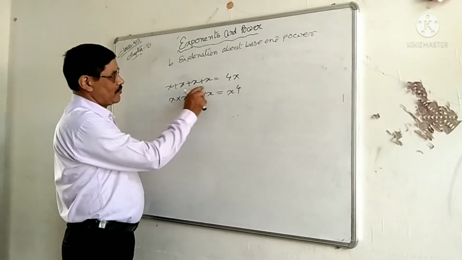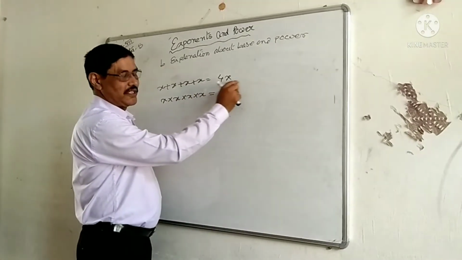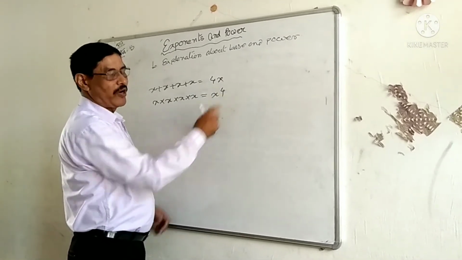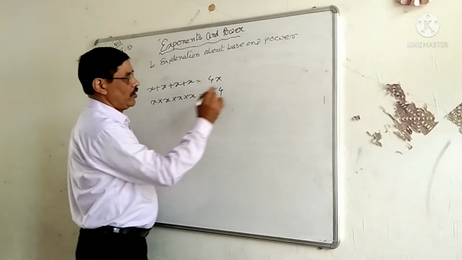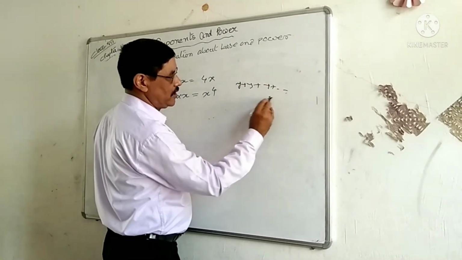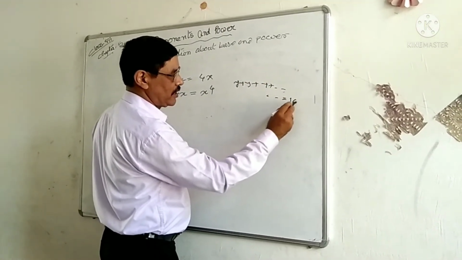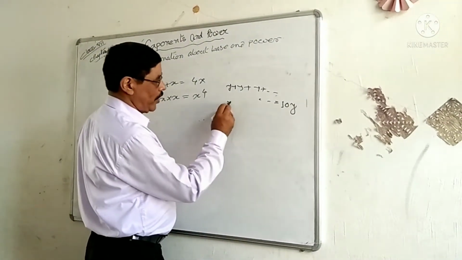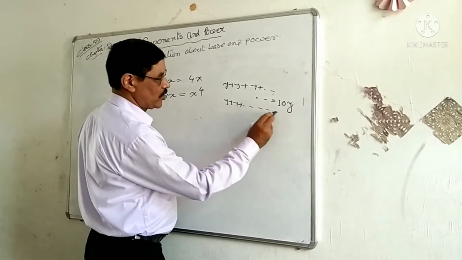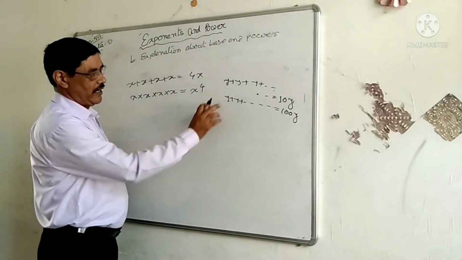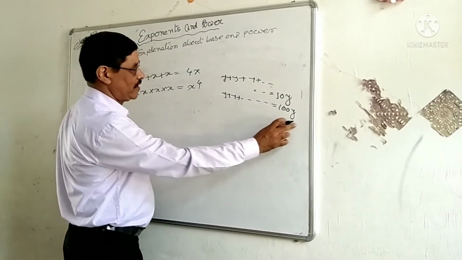When similar terms are added, their coefficient changes, and when similar terms are multiplied, their power changes. So remember it. If you add y up to 10 times, then you will write it as 10y. If 100 y's are added, then this can be written as 100y.